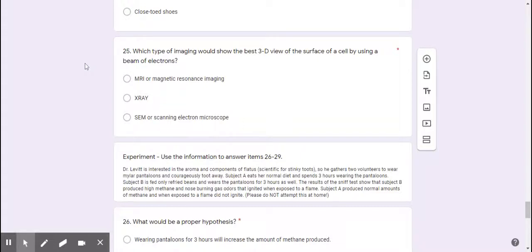Number 25. Which type of imaging would show the best 3D view of the surface of a cell by using a beam of electrons? MRI or magnetic resonance imaging, X-ray, SEM, or the scanning electron microscope?